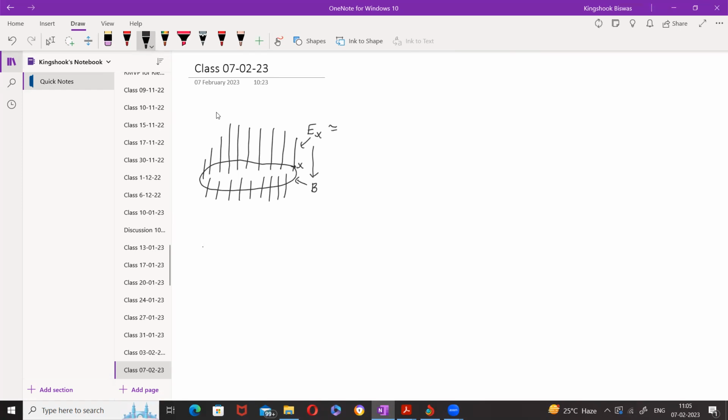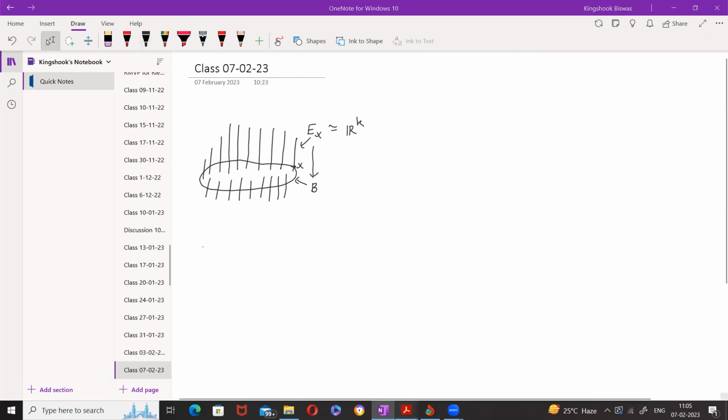So this is a vector space isomorphic to some R^k. And what you want is that this collection of vector spaces, locally, should look like a product of an open set in the base with R^k.